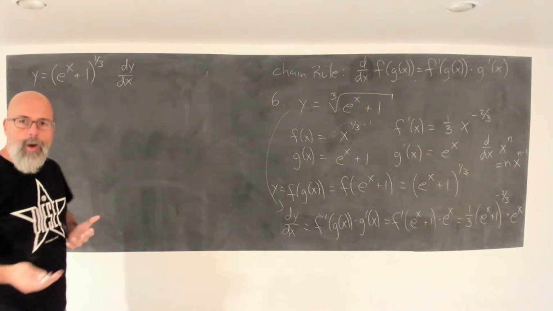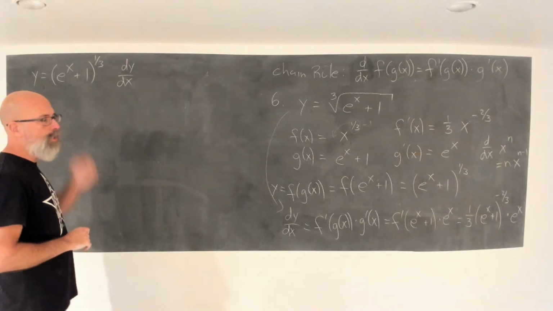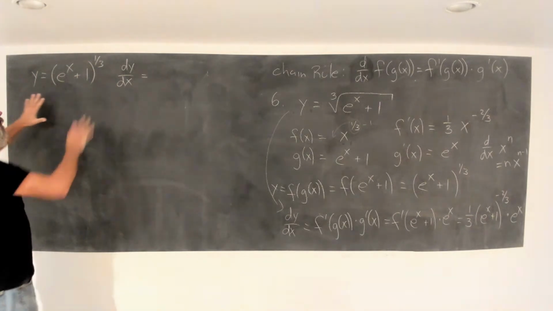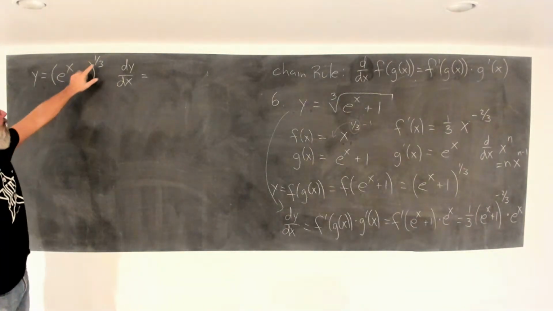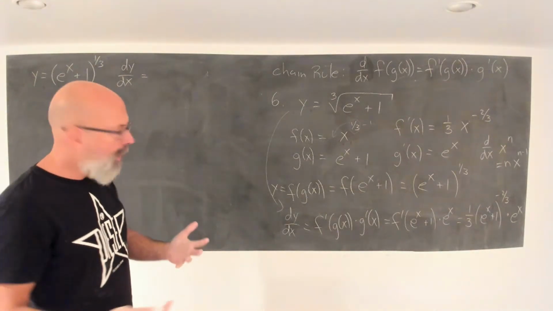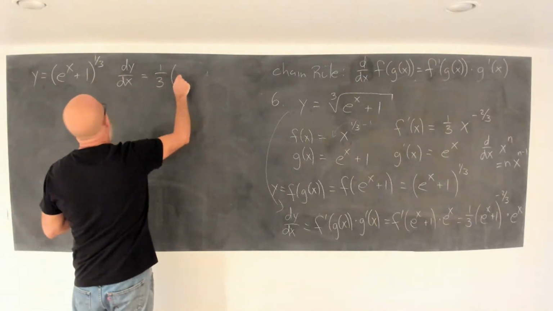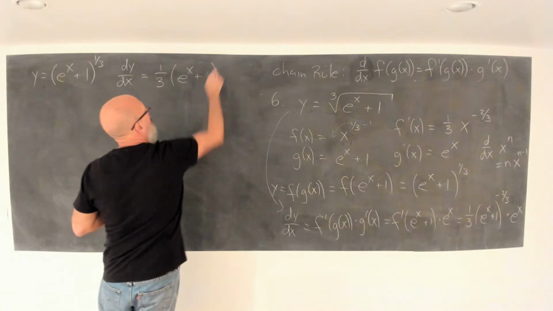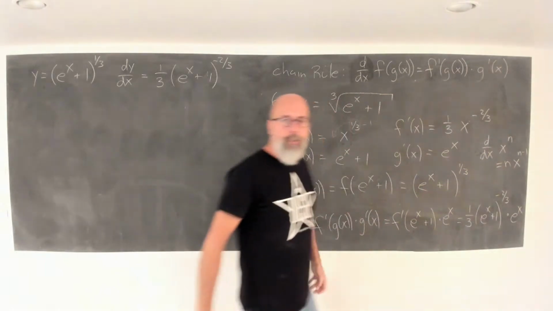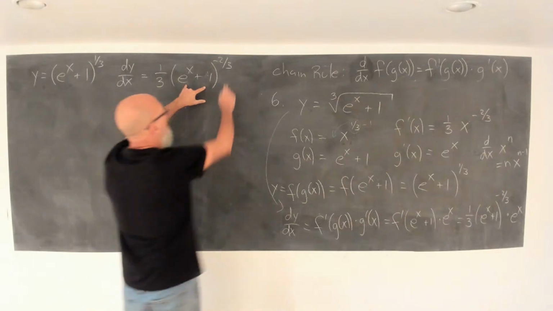What are we going to do from now on if we're not decomposing it into a composition of simpler functions? We're going to ask the question, what do we have here? Here you have the cube root of something. So you differentiate the cube root. Derivative of cube root, 1/3, blah, blah, blah, to the negative 2/3, using the power rule, as Pamela pointed out. And then you differentiate the inside.